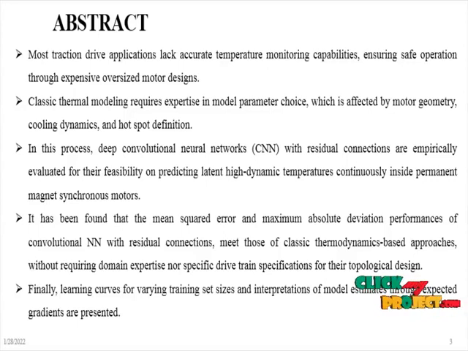It has been found that the mean squared error and maximum absolute deviation performances of convolutional neural networks with residual connections meet those of classic thermodynamics-based approaches without requiring domain expertise, nor specific drivetrain specification for their topological design. Finally, learning curves for varying training set sizes and interpretations of model estimates through expected gradients are presented.